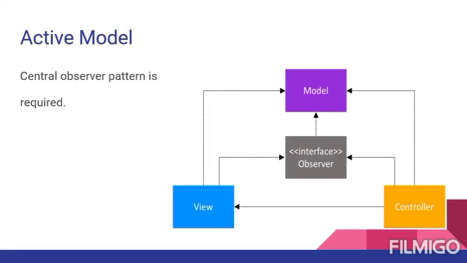Every time the model updates, it will iterate through a collection of observers and call the update method. The implementation of this method in the view will then trigger the request for the latest data from the model. As you can see in the next image, there is a series of work to be done by the observer pattern in order to get data.